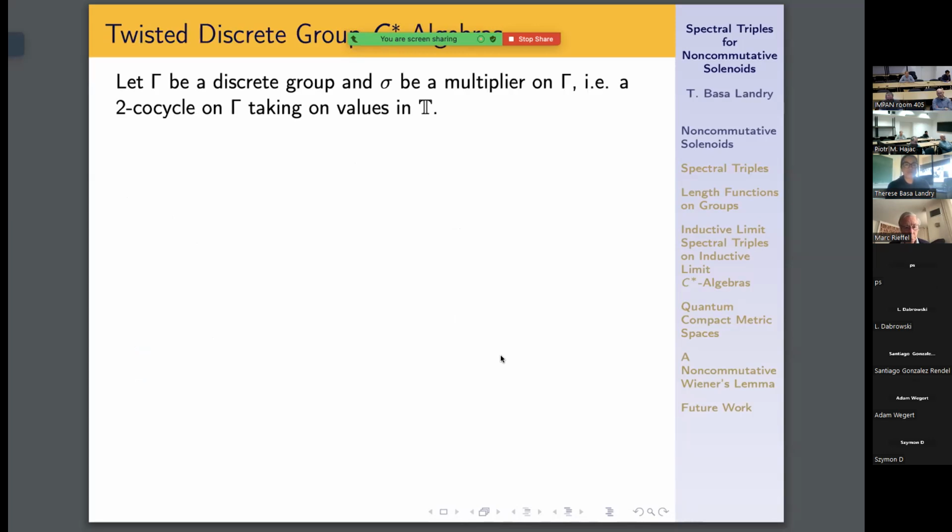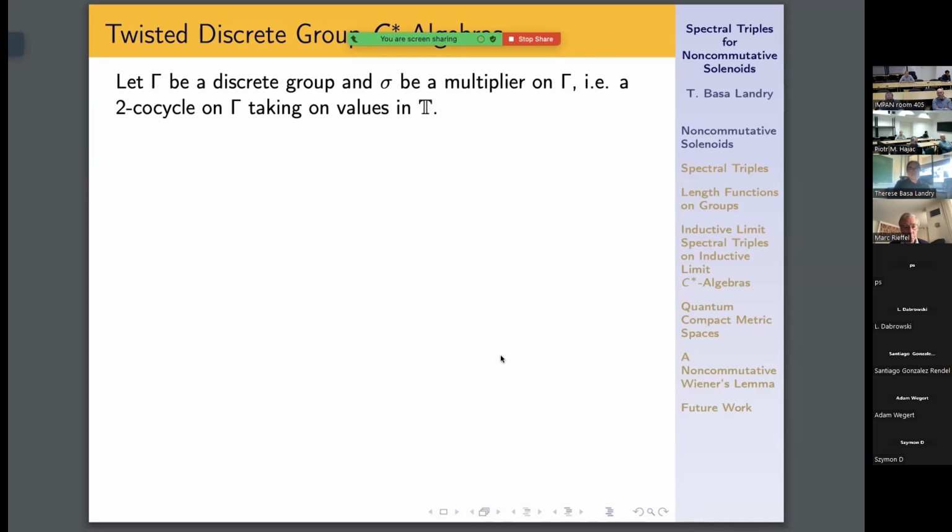So what is a twisted group C-star algebra? That's one of our first layers of structure that we'll examine for the non-commutative solenoid. If you have a discrete group, then the twist comes from a multiplier on the group. That's a 2-cocycle on the group taking values in the unit circle.